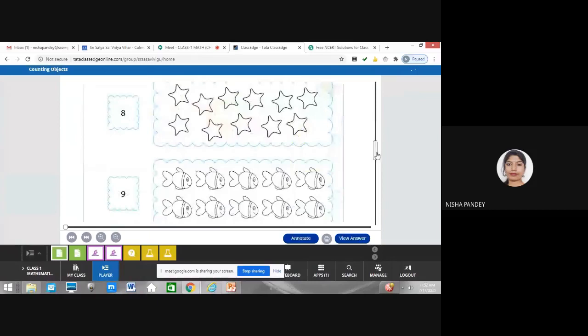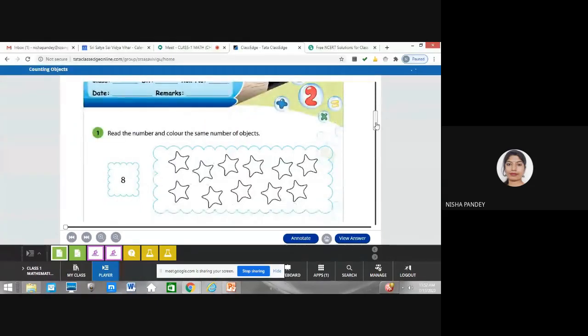Yes. So read the number and color the same number of objects. What we have to do is see which number is given in this box, read it, and color the same number, right? Whatever number is given here, as many stars or images, we have to color.